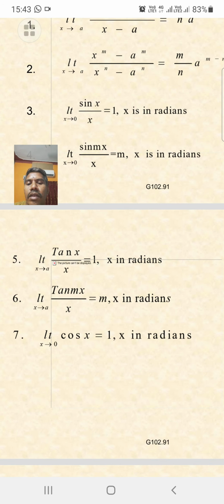Fifth one, limit x tends to 0, tan x by x equals 1. Limit x tends to 0, tan mx by x equals m.